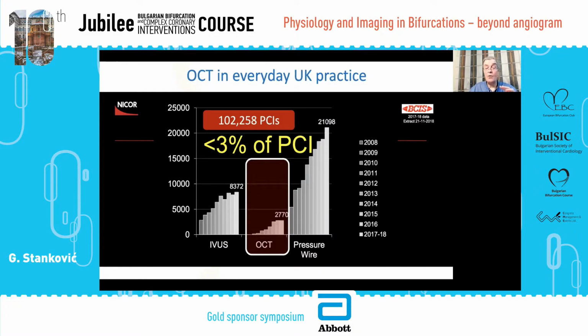So it's important to understand that we have very important added value of guiding procedures with imaging: IVUS 8%, OCT 3% of cases. In total, 11% of procedures nowadays are guided by imaging in the British database.